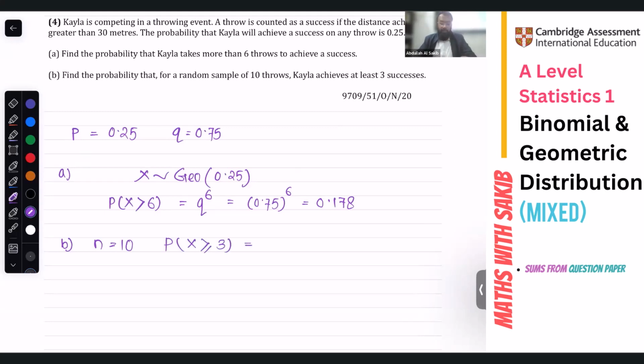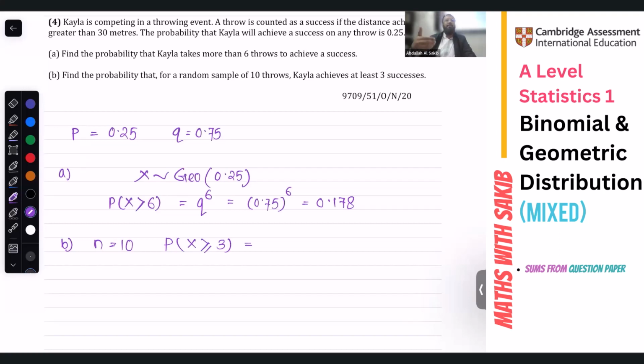Clear? Now, Atik, if I ask you, what values of X are missing? X is more than or equal to 3. So what values of X are missing? Okay, Fatima? Now, these are not missing.